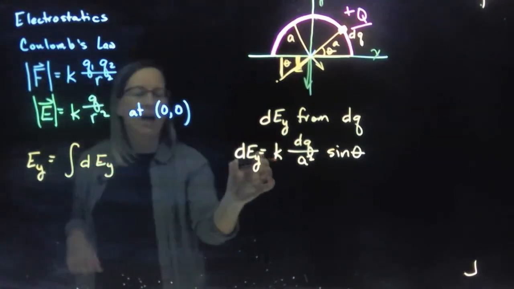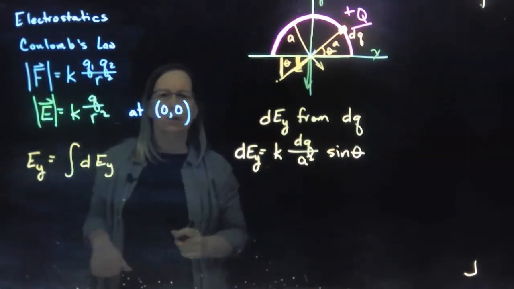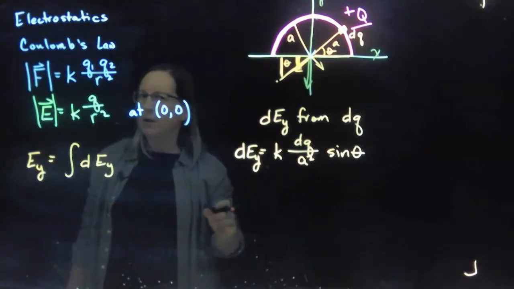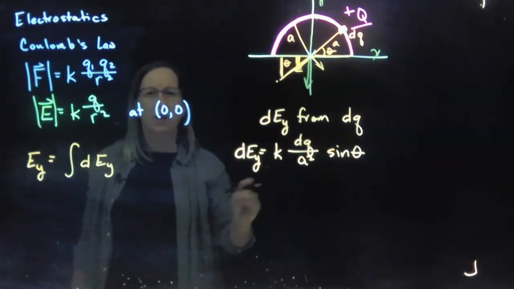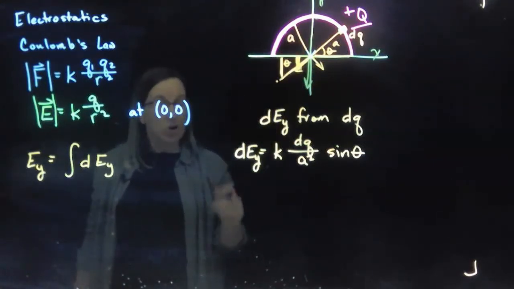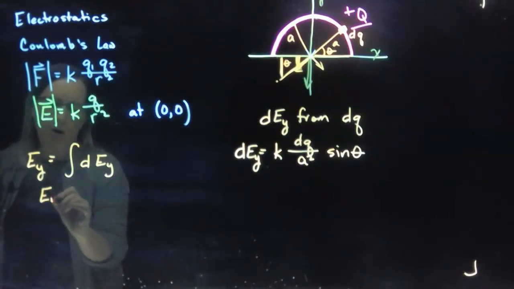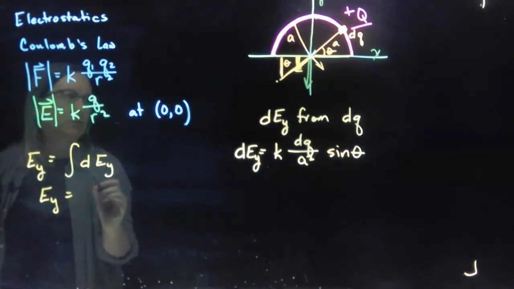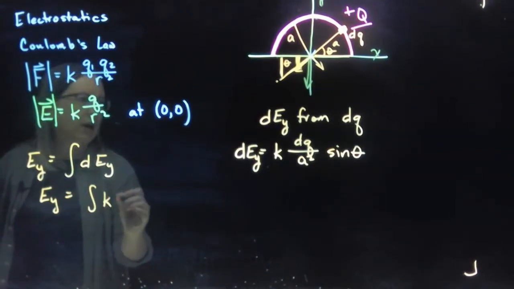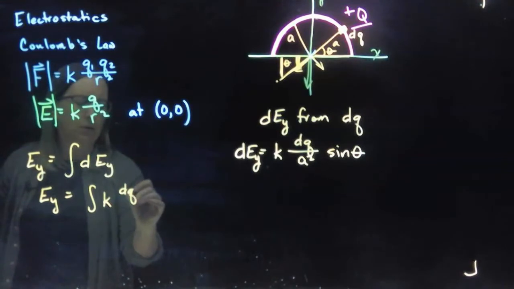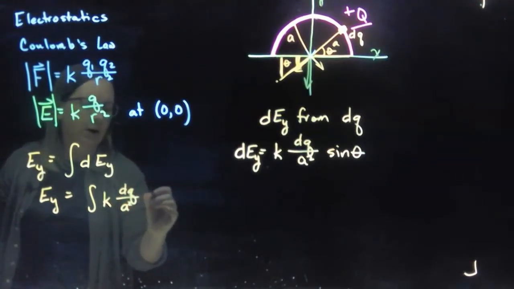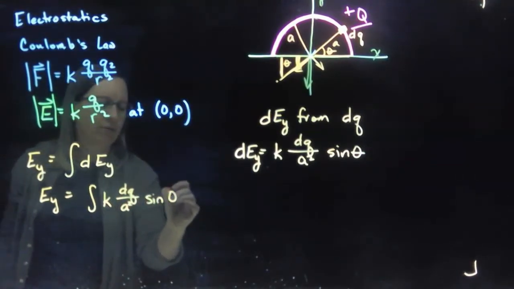I need to add up all these pieces, and that's what an integral does. So this is a weird setup in some ways, because we're setting up the integral from our geometry, which is kind of messy. So we have Ey is equal to this integral of k dq over a squared sine of theta.